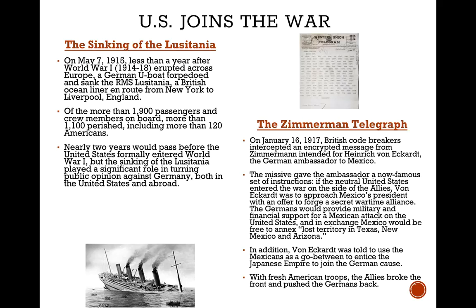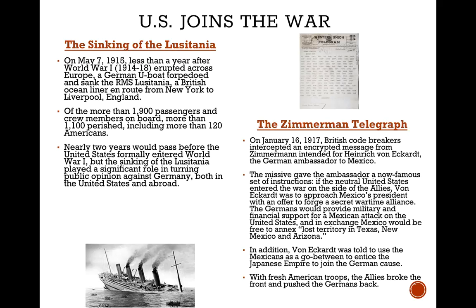But Britain was one of America's closest trading partners, and tension soon arose between the U.S. and Germany because of the quarantine of the British Isles. Several U.S. ships traveling to Britain were damaged or sunk by German mines. And in February of 1915, Germany announced unrestricted submarine warfare in the waters around Britain. So we got a couple of problems here. Britain and the U.S. have a great trading relationship.